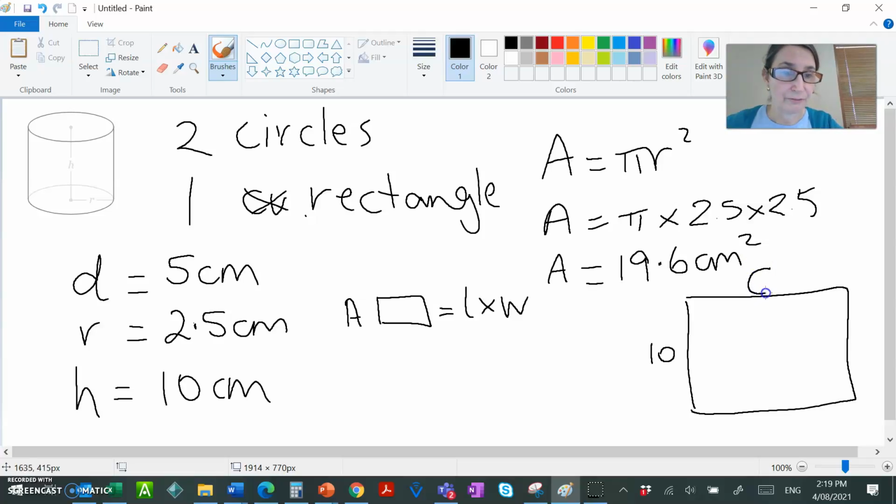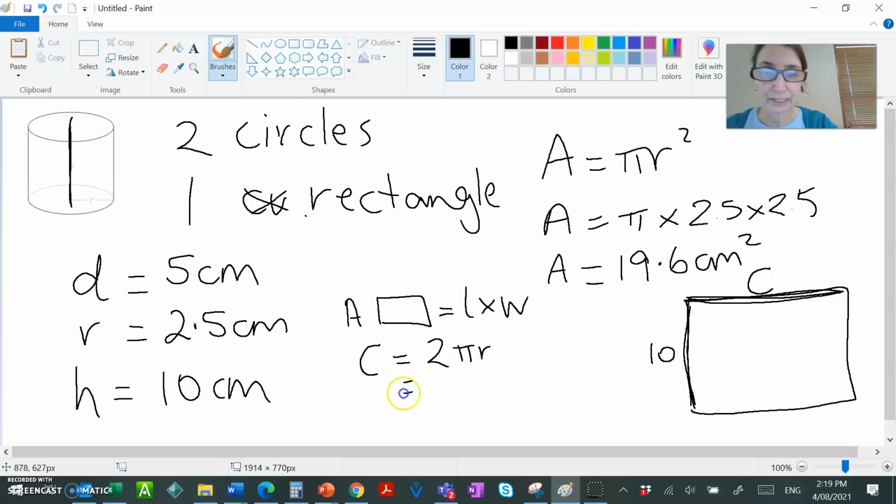It's the circumference. So this vertical distance here is just the height of the cylinder, the same as this height over here on the left. And this side of the rectangle is going to be the circumference of the top circle. All right, so the formula for circumference is 2 pi r.